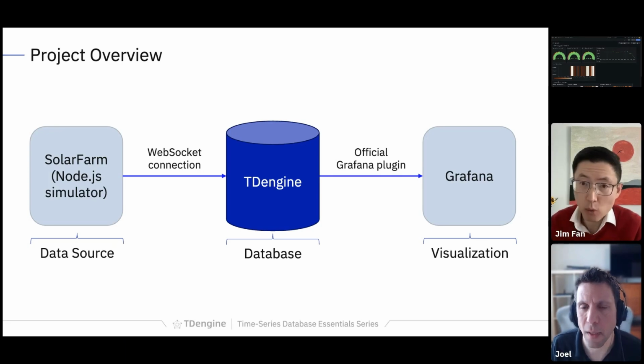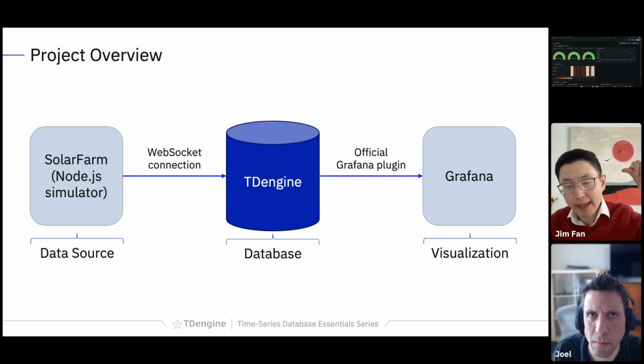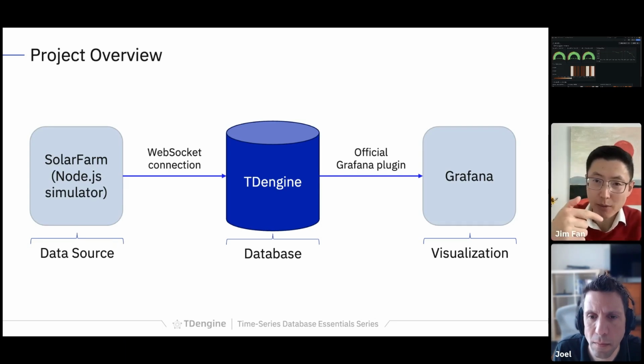One way we know definitely works is to use the stream processing feature within TD Engine to aggregate the data and save that in a separate table. And then later on with Grafana, you can simply query that table within TD Engine for these results to be directly displayed in Grafana.